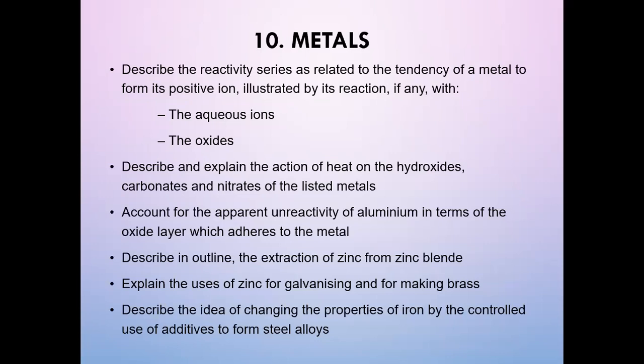When you're asked about specific properties of transition metals, don't list general properties of metals such as shiny, malleable, etc. Instead, you should write that transition metals form colored compounds. They're used as catalysts. So that should be your answer. Of course, knowing the properties of metals and non-metals is very essential for chemistry.